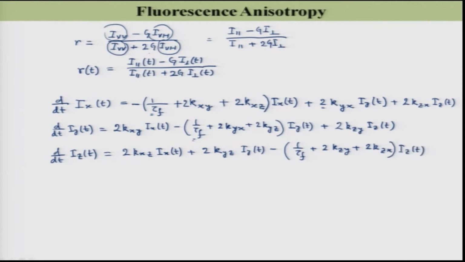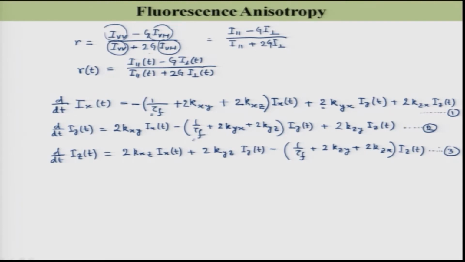I got these 3 equations, equation number 1, 2, 3. This time I am putting the equation numbers because later I need these numbers to refer to, otherwise it will be difficult to follow.